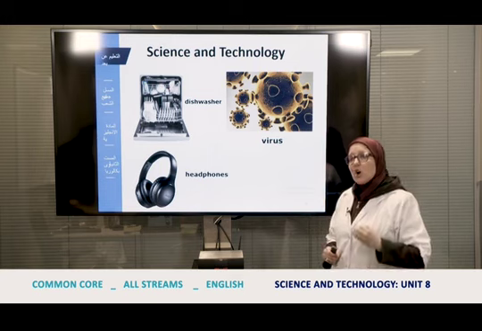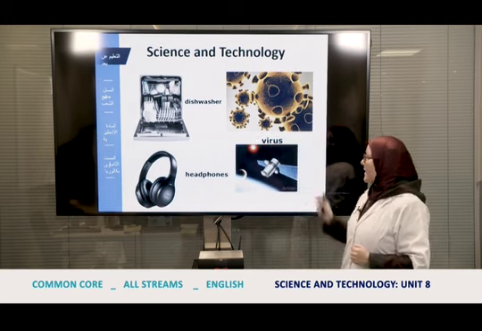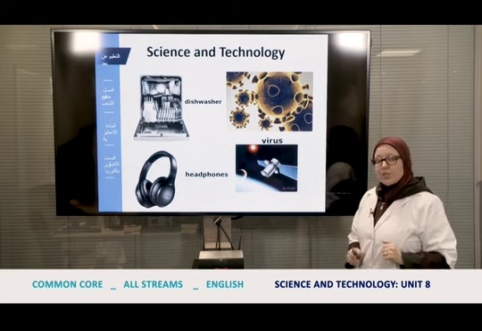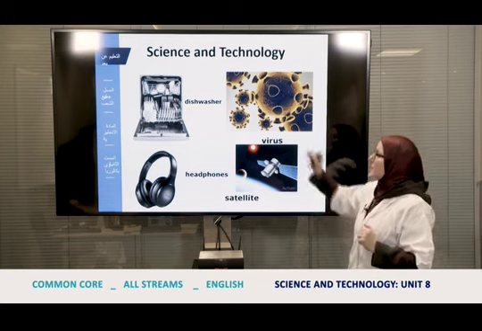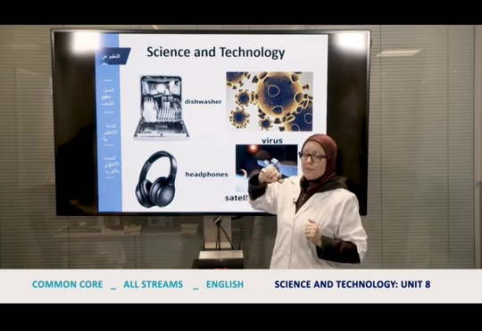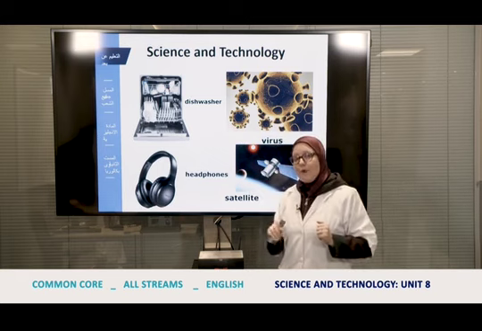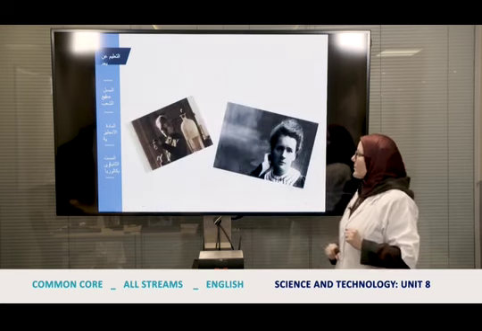In English, they are headphones. And of course, do you know this picture? It's a satellite, all right? Repeat, dishwasher, virus, headphones, and satellite. Now move on.